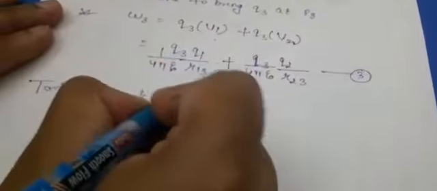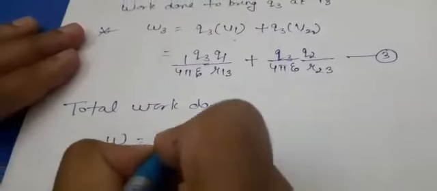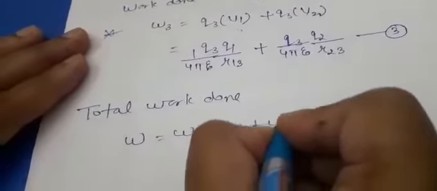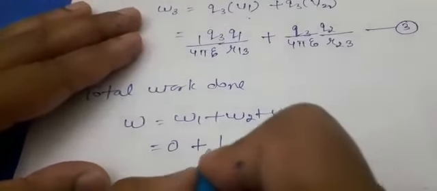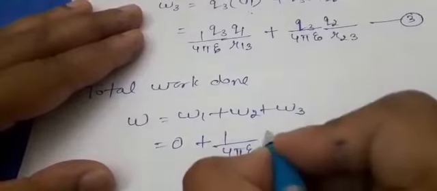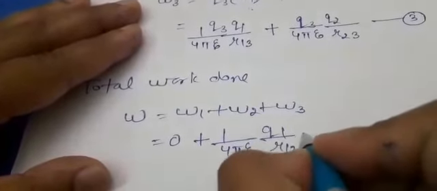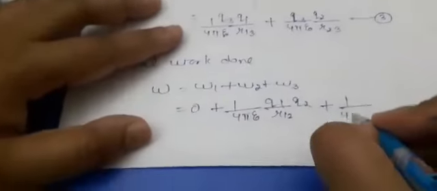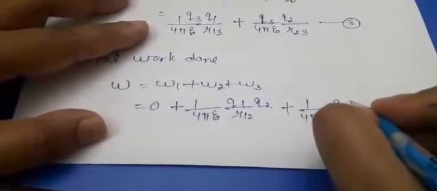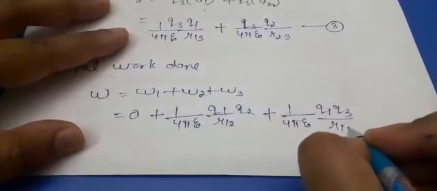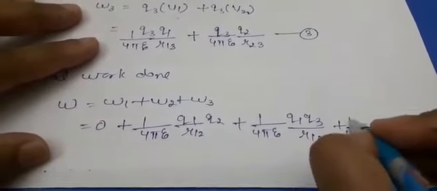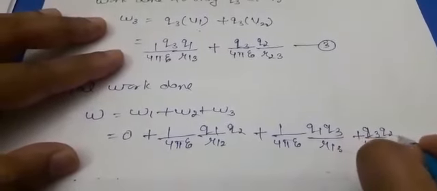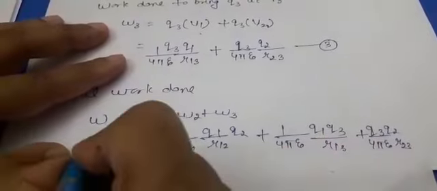Total work done is W1 plus W2 plus W3. It is 0 plus 1 by 4 pi epsilon naught Q1 Q2 by R12, plus 1 by 4 pi epsilon naught Q1 Q3 by R13, plus 1 by 4 pi epsilon naught Q3 Q2 by R23.